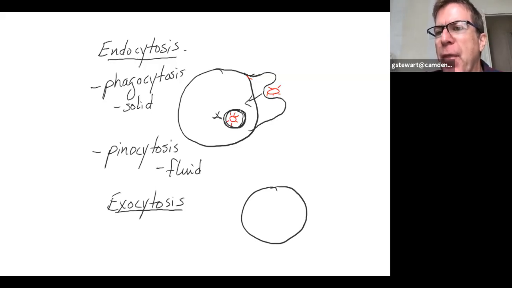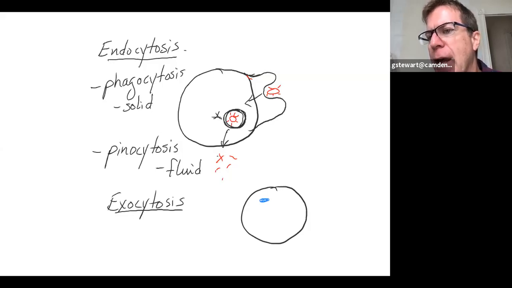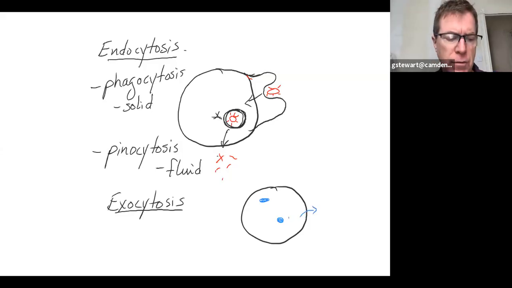Then they break that bacteria down, and they have the ability to sometimes spit out the pieces through exocytosis. Or sometimes, for example, a protein might be made inside of this cell. Here's a protein that just got manufactured. All proteins don't stay within the cells that they're manufactured in. Sometimes they export those proteins through a process called exocytosis.